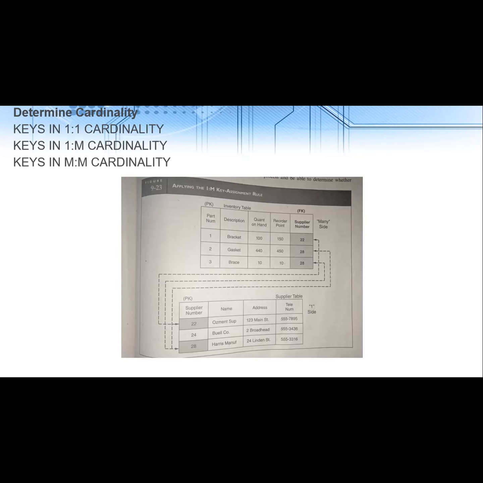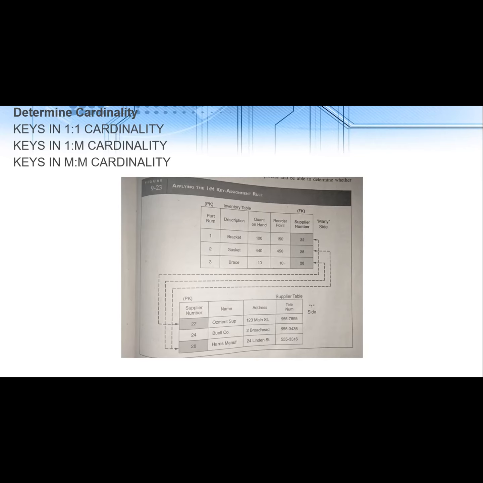Keys in 1-to-M cardinality. Where a 1-to-M cardinality, both 1-to-0,M and 1-to-1,M, exists, the primary key of the 1 side is embedded in the table of the M side. Figure 9-23, applying the 1-to-M key assignment rule, illustrates this with an example and some sample database, an example from figure 9-11.